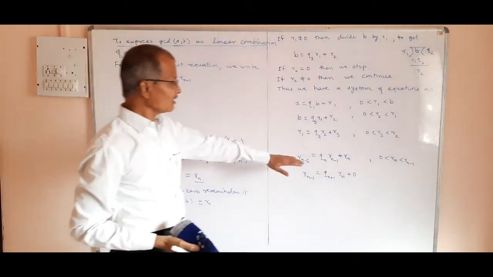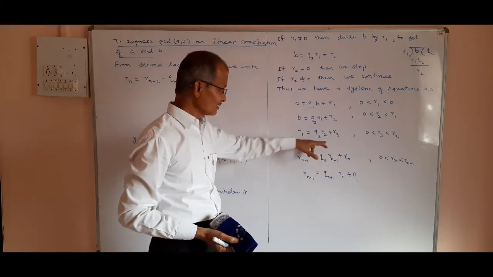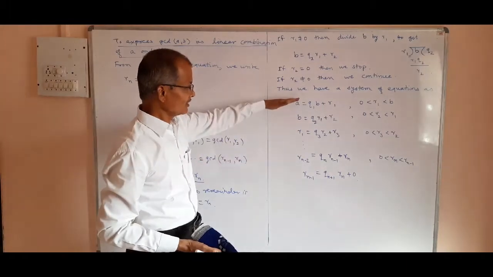Similarly, from the earlier equation, replace Rn minus 1, that is Rn minus 1 in terms of the earlier equations, and go on replacing this in the backward direction.